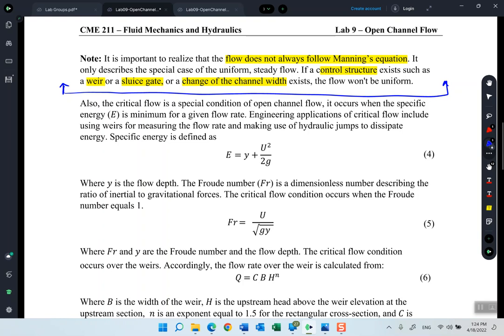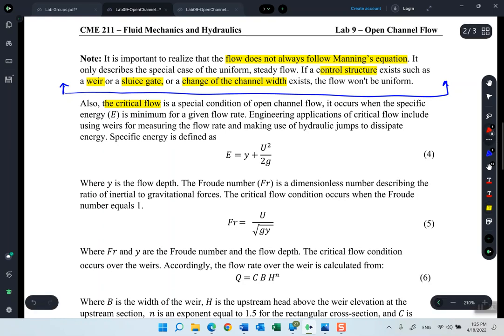Okay, after this, the main concept is the critical flow. In general, there are several categories for uniform flow. In this lab, most probably you won't deal with non-uniform flow unless you do something in practice, but every course you will take and study in your undergraduate courses will be dealing with uniform flow.